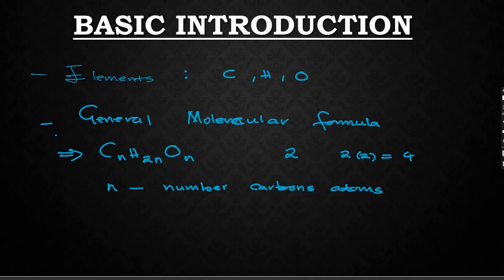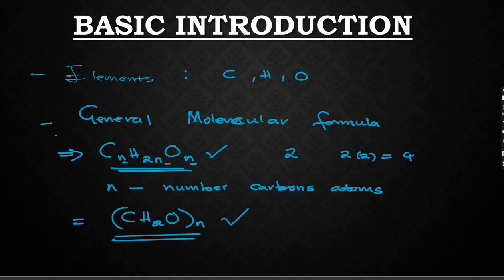All carbohydrates are in this form. Since n is common everywhere, we can factor it out and write it as (CH2O)n. It can be written in this form or in that form; it is one and the same.